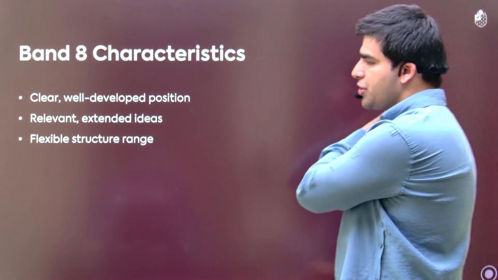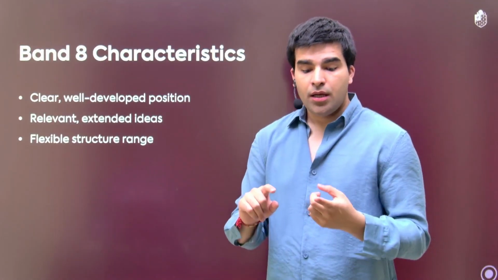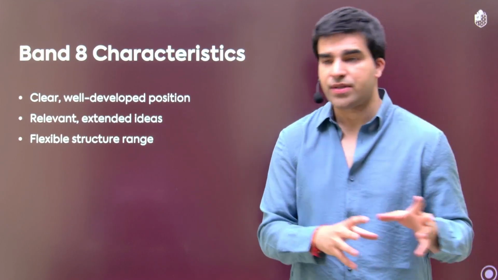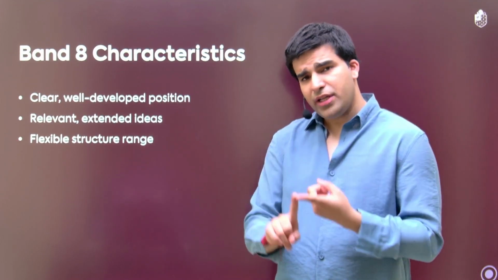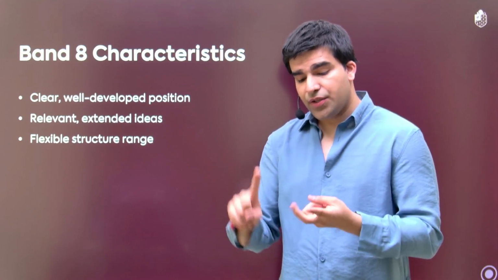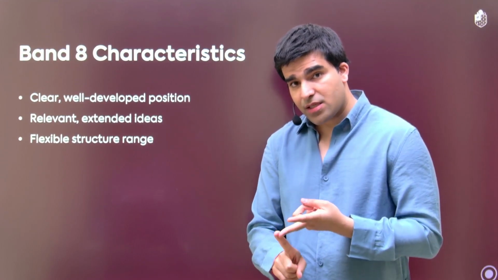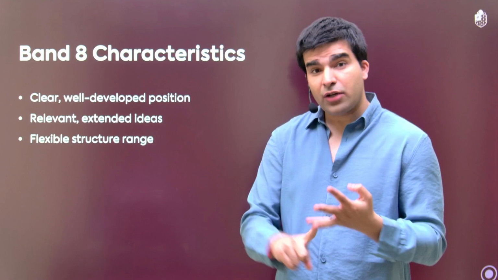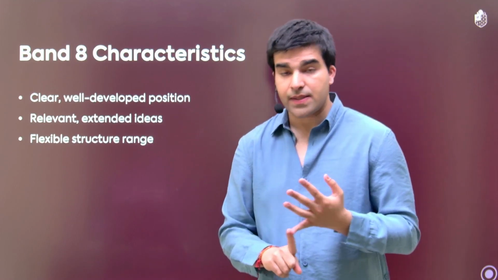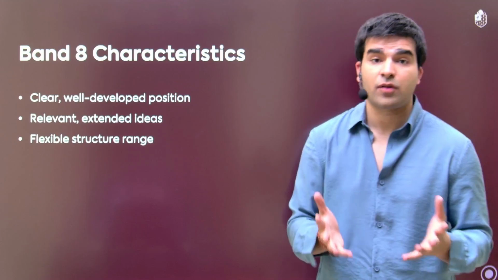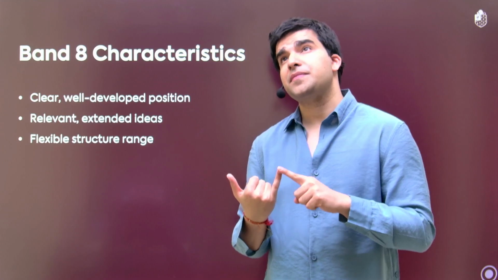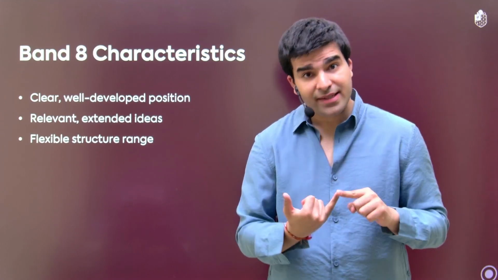Flexible structure range. What does that mean? When it comes to range, it means grammatical range and accuracy. So you're not only using past sentences, you're not only using simple sentences, you're also using complex sentences, and you're using a lot of varieties of complex sentences. What are the different varieties of complex sentences? You have, let's say, conditional sentences.